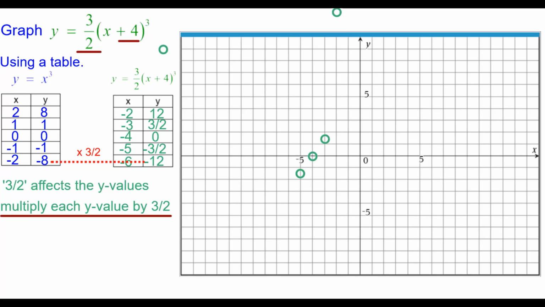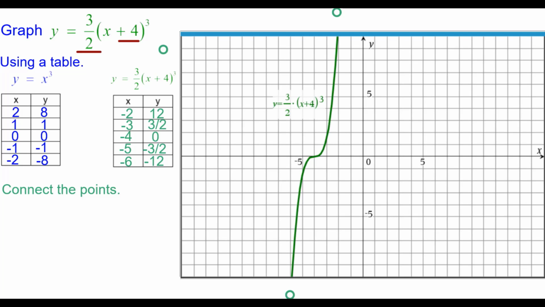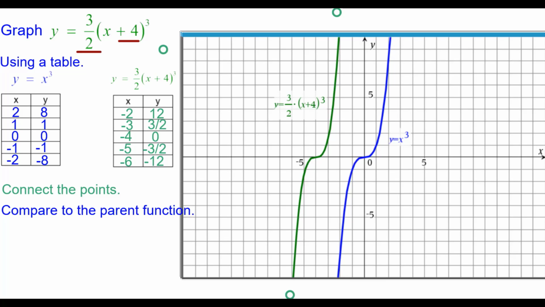And -8 times 3/2 is -24/2, which is -12. So -6, -12. Connect the points to look like a cubic curve compared to the parent function.